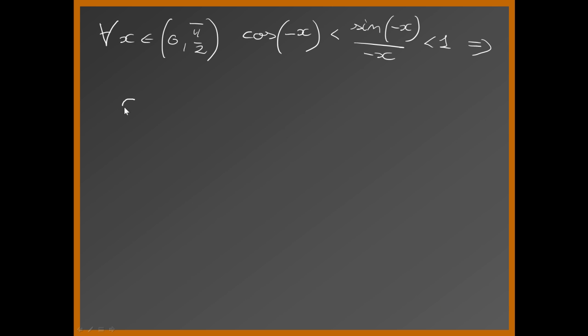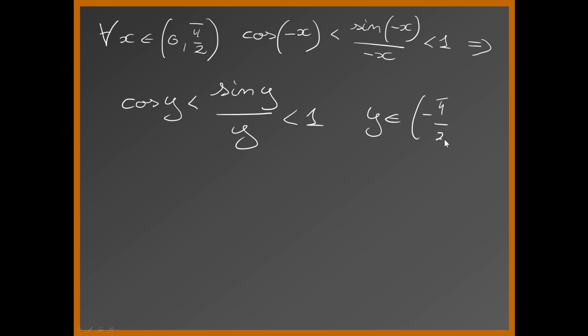In other words, cosine of y will be less than sine y over y less than 1, and y will be in minus pi over 2, 0.